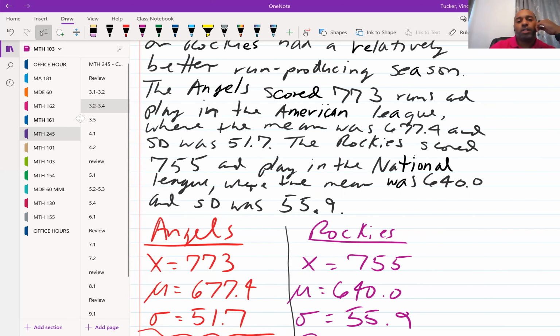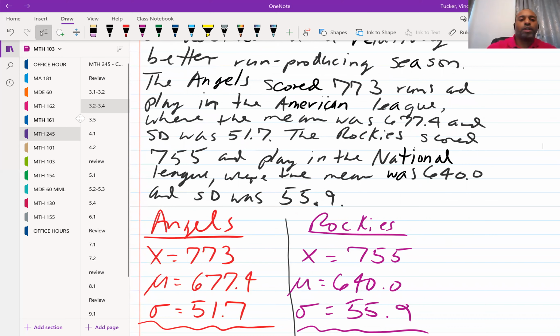For the Rockies, 755 is the data value, 640 is the mean of the National League, and 55.9 is the standard deviation of the National League. So all we did was write down the given pieces of information.